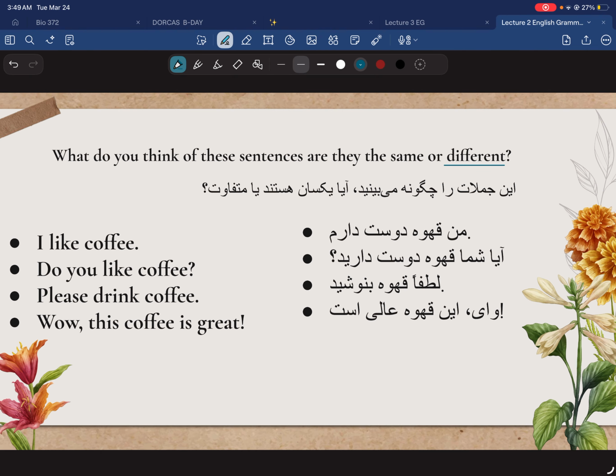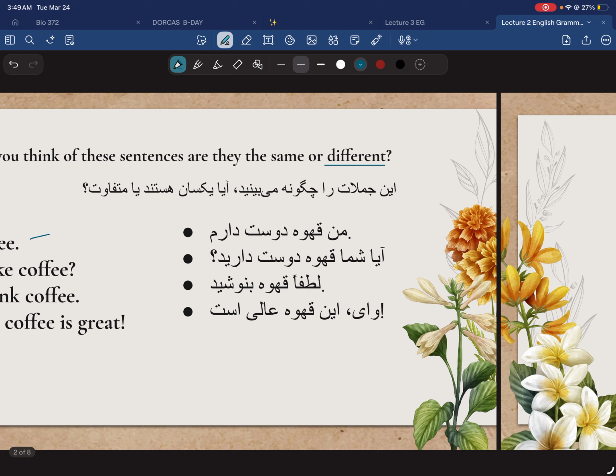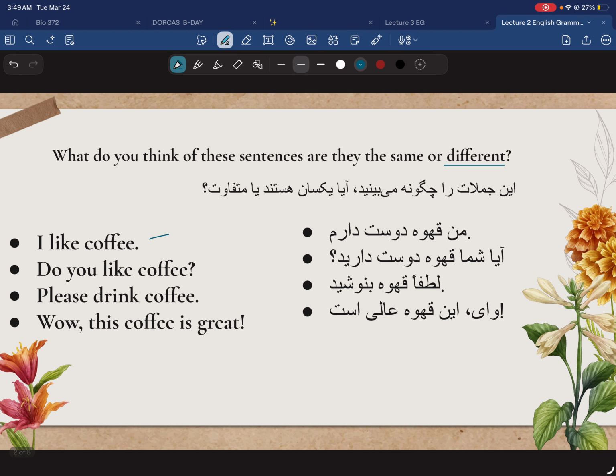Let's start with the first one. I like coffee. Which one do you guys think this is? It's a statement. So which one of these four options is it? It gives us information. Remember that one?